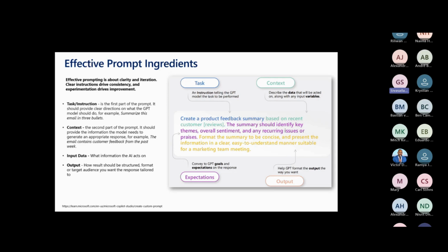What exactly do you want me to do? What do you want the model to be acting upon? If you give very vague tasks like just analyze this document or review this RFP, you leave too much room for interpretation. So the task should be action oriented and very explicit. For example, here we're saying create a product feedback summary.